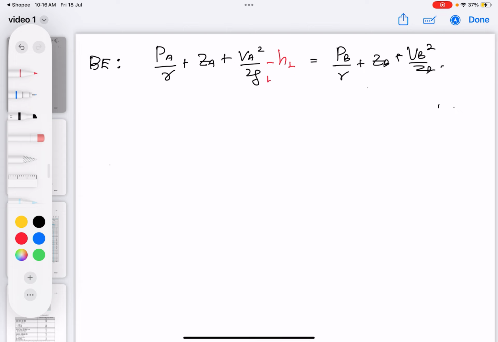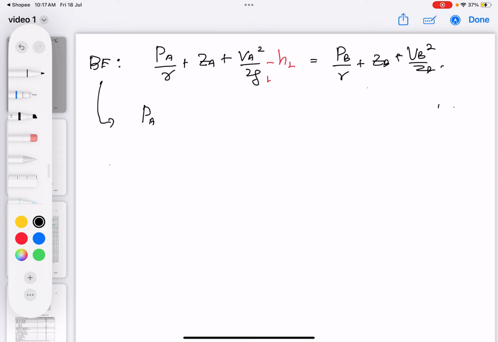And then in chapter 6 part B, we introduce another term into this equation, what we call minor losses. So now my equation looks something like this. It is very much the same equation, the Bernoulli equation, but I'm going to extend it a little bit.